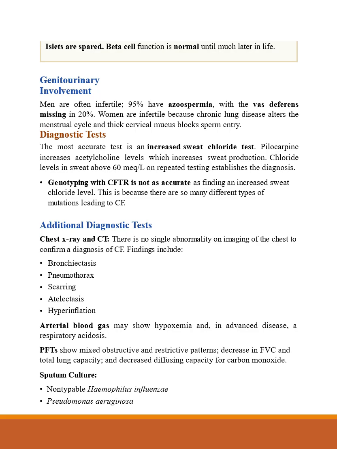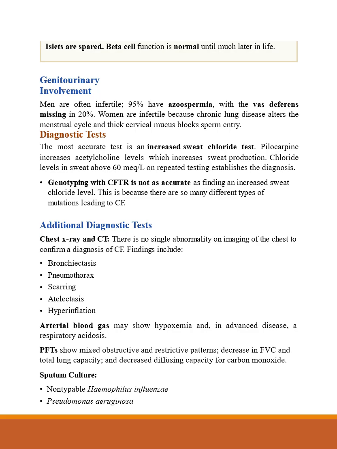Also, we can do genotyping for CFTR, which is not very accurate, but we will find increased sweat chloride level also. So remember, genotyping for the CFTR gene is limited because there are so many different types of mutations leading to cystic fibrosis.